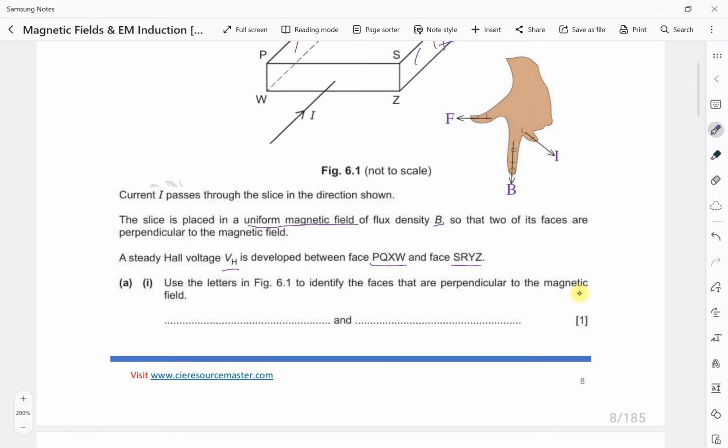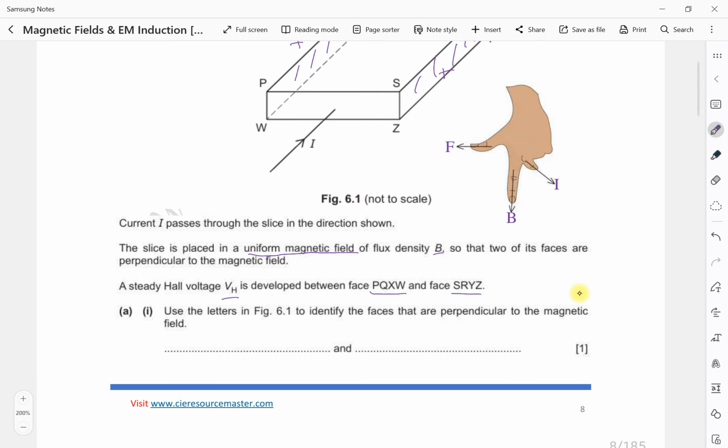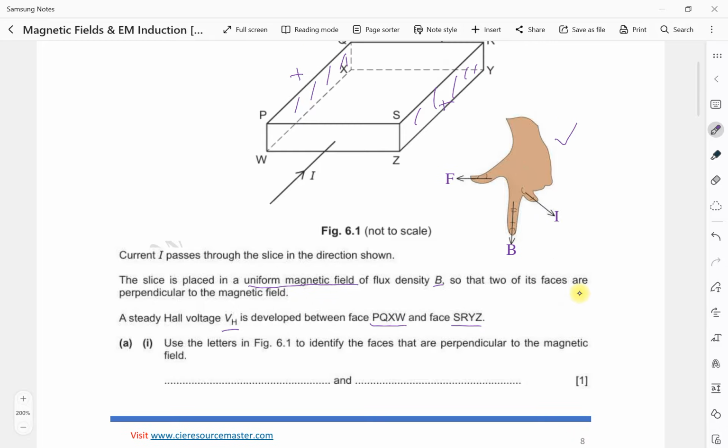So we simply use Fleming's left hand rule. Now I have tried to demonstrate with the left hand rule here. It doesn't come with the exam. I just added it here for easy explanation. So we make the first finger point in the direction of the field, and we make the second finger point in the direction of the current.